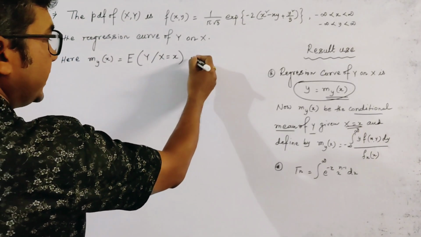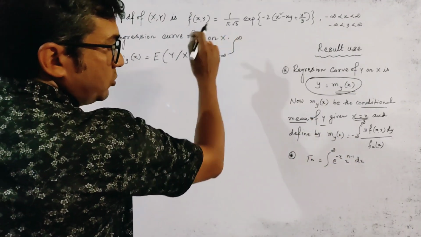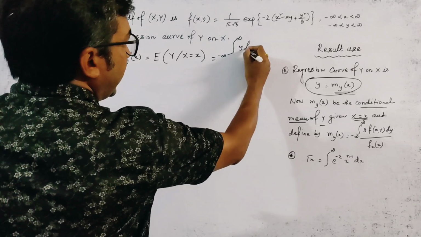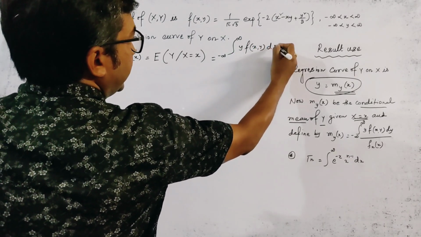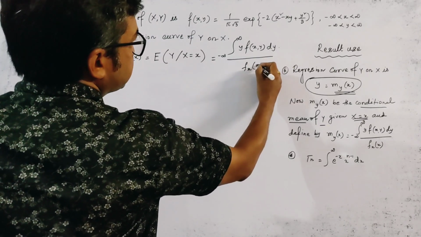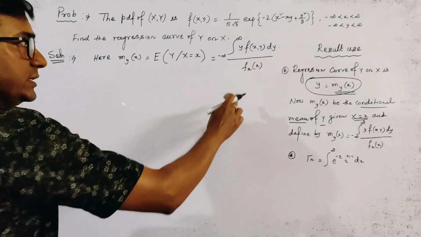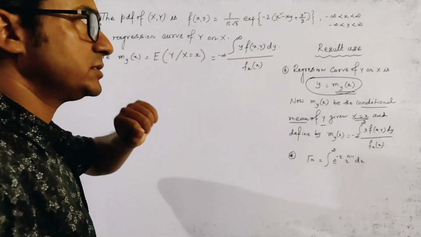And the definition is: integration from minus infinity to infinity of y times the PDF f(x,y) dy, divided by f_X(x). Okay, now what is f_X(x)? f_X(x) is the marginal PDF of x.